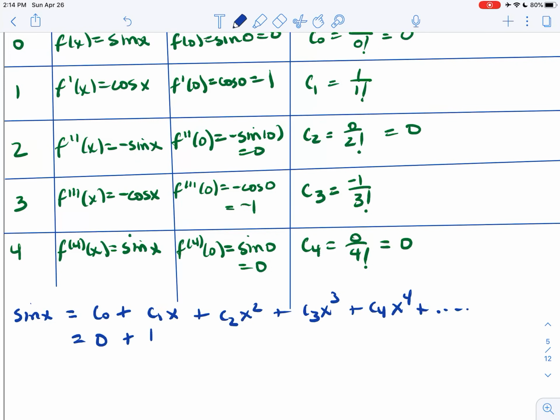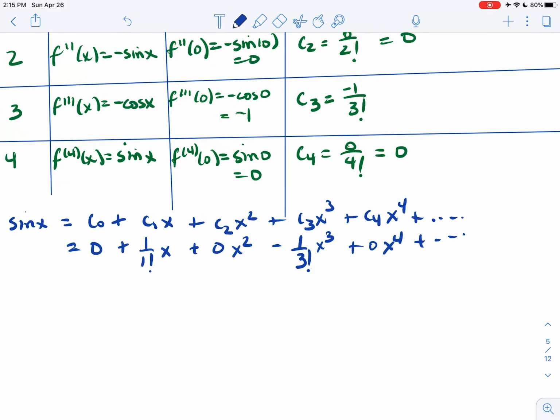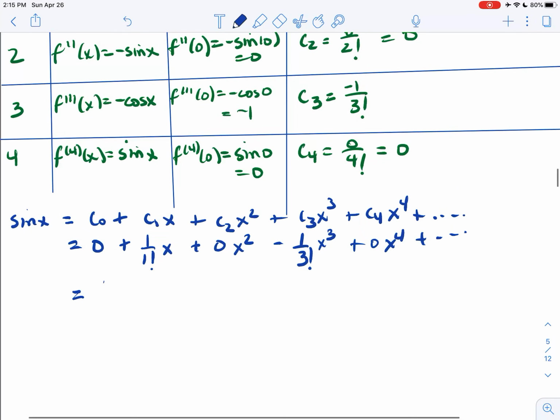And if we begin putting those values in, we would get 0 plus 1 over 1 factorial times x plus 0 times x squared minus 1 over 3 factorial x cubed plus 0 times x to the fourth plus dot dot dot.